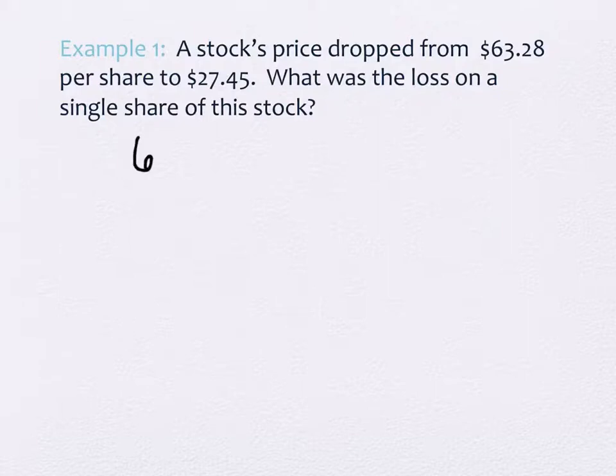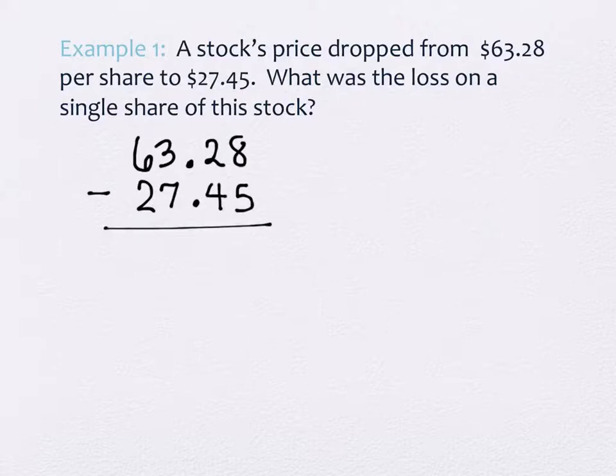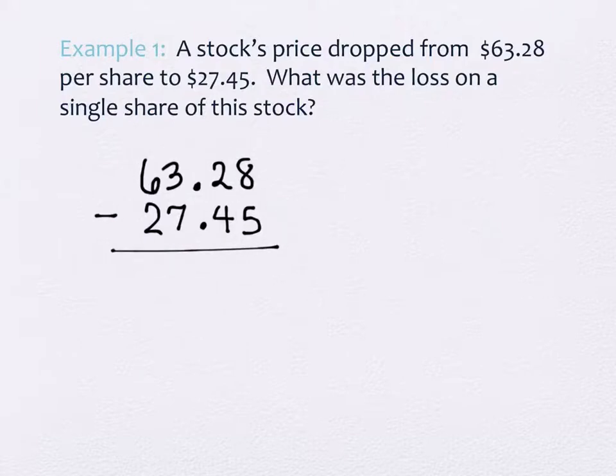So I have 63 and 28/100ths, and I'm going to subtract 27 and 45/100ths. All right, so I lined up the decimal points, right? Got to have those lined up so that the place values actually match and are able to be subtracted.